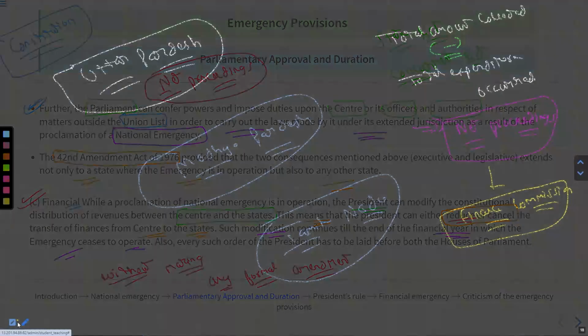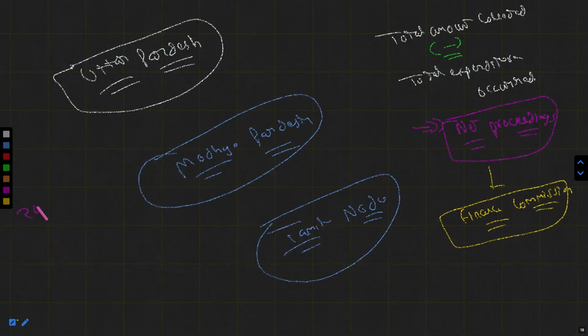It means that suppose the emergency was in force in the financial year from 1st April 2016 to 31st March 2017.